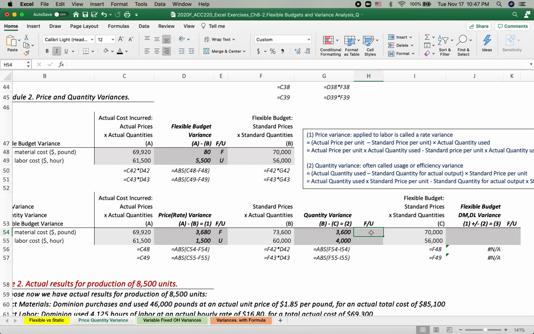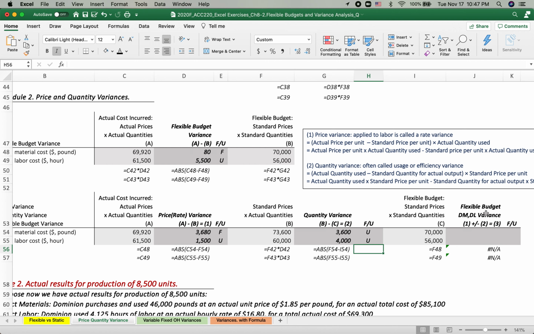How about the quantity variances? The difference between the part of actual and the budgeted part. Right, this is unfavorable. Also, this is unfavorable.